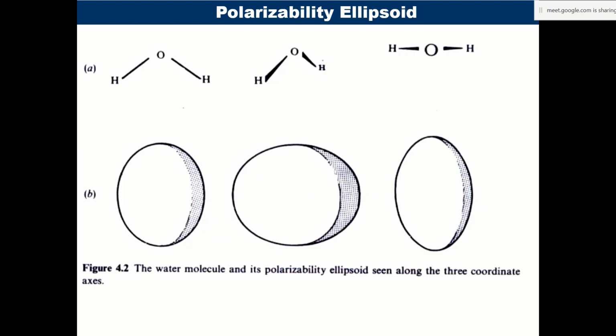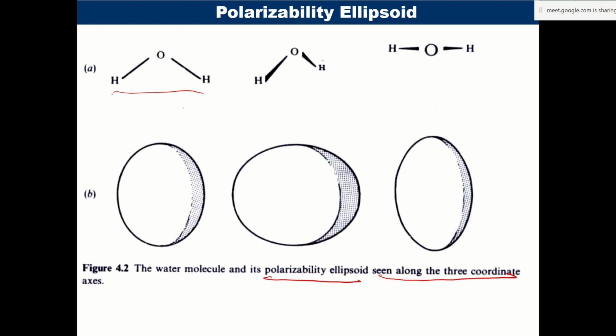So this is the picture of the polarizability ellipsoid drawn for water in three different directions. So the polarizability ellipsoid seen along three coordinate axes. So x y z तीन तरह से देखा गया है. So in the first case, the three atoms are lying in the screen.